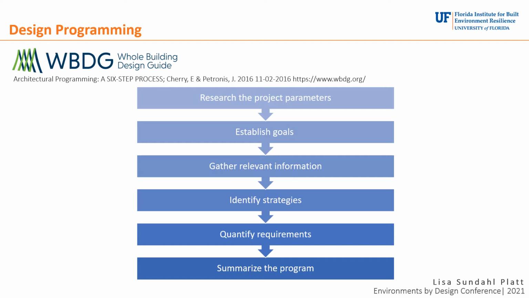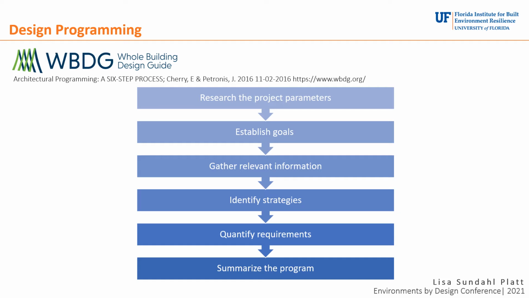So using the whole building design rubric for architectural programming, we can see that this process involves 6 basic steps, which includes researching the project parameters, establishing the goals of a project, gathering relevant information for the program, identifying potential design strategies or planning strategies that are relevant to the project, quantifying the requirements for a given project, and then summarizing the program.